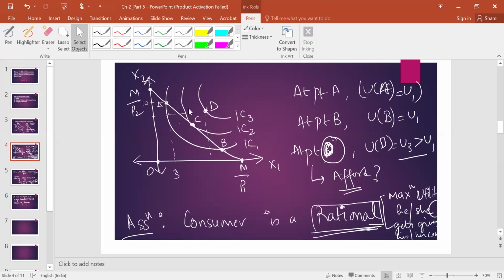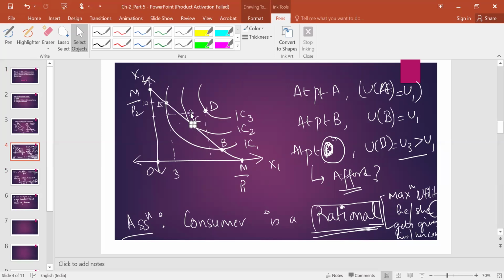Right. So as you can closely observe, this indifference curve, the IC2, is tangent to the budget constraint. However, the other curves are intersecting the budget constraint also, but they are not tangent, because we can move to the higher indifference curve given the same income we are spending, but now we get higher utility.